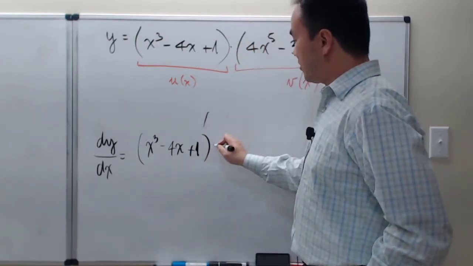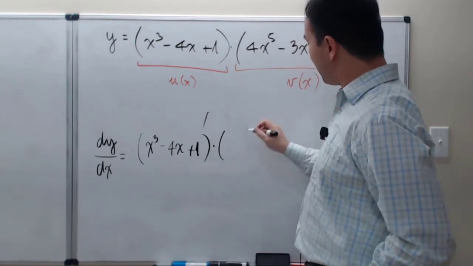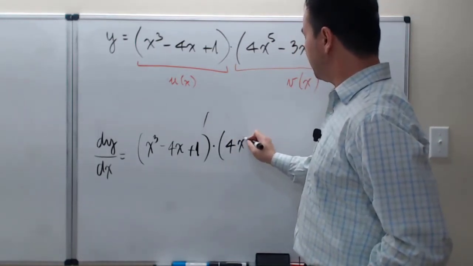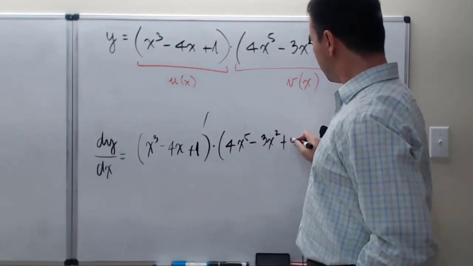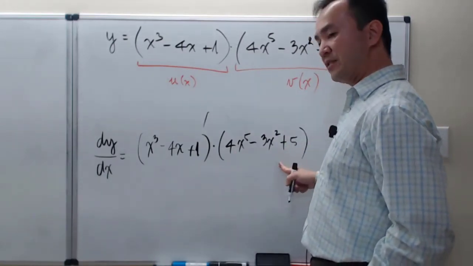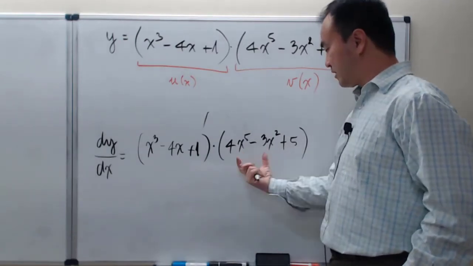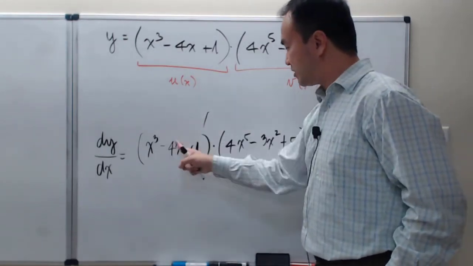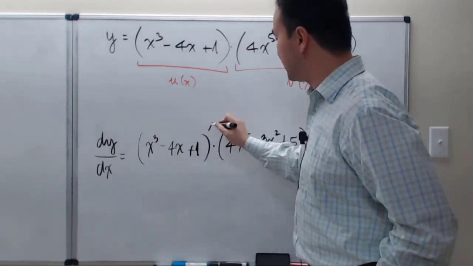But then I am going to multiply with the other function, 4x to the fifth minus 3x squared plus 5. The remaining factor of my product, I'm going to keep the same. I only take the derivative of the first function in our product here.